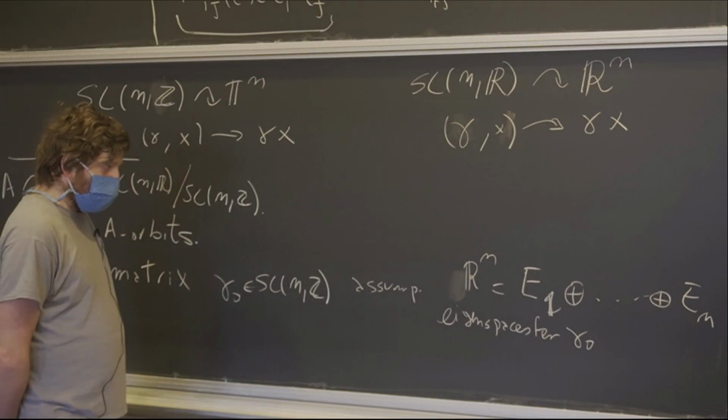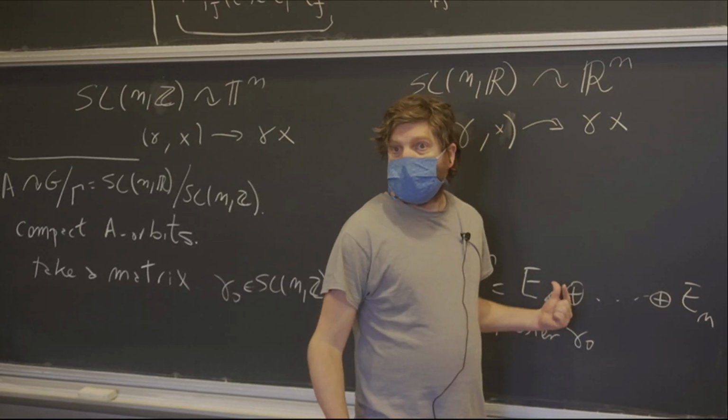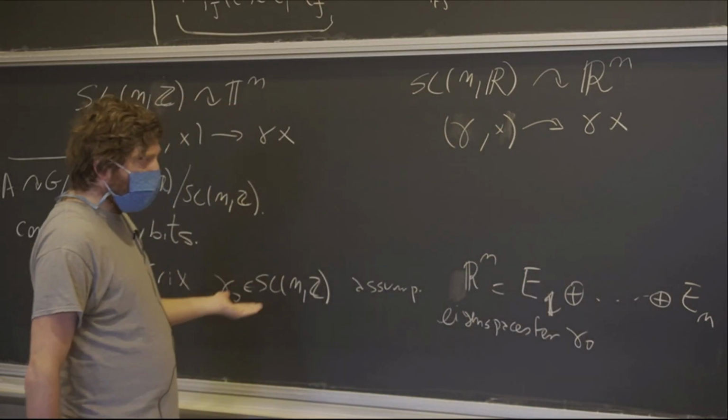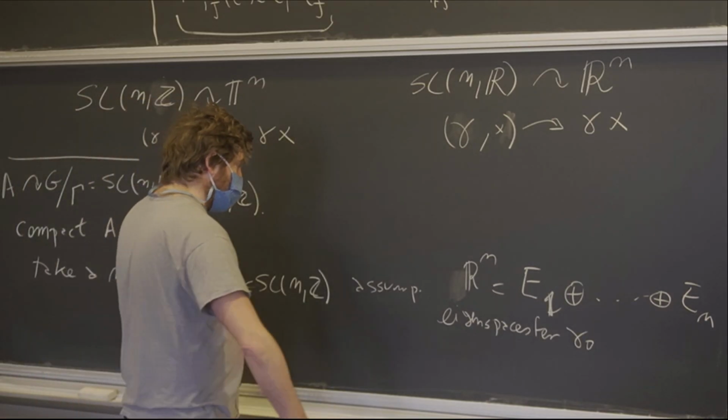I'm already saying a lot when I'm saying there are n of them. It means that I have all eigenvalues real, in particular, but it could be the identity matrix.